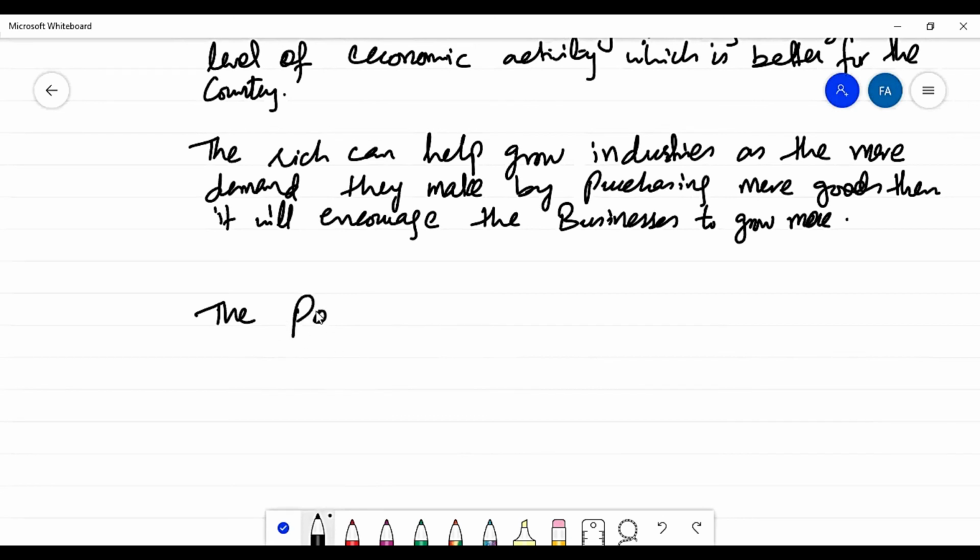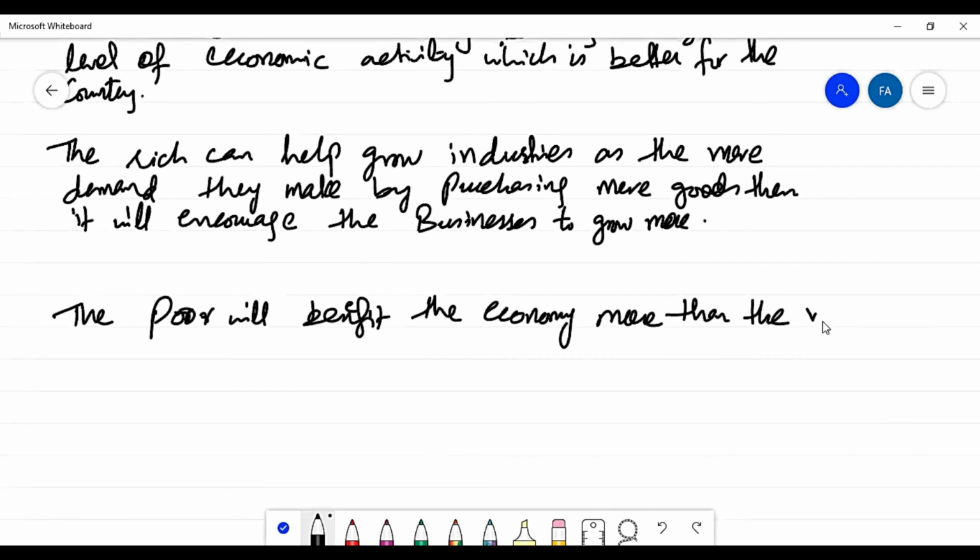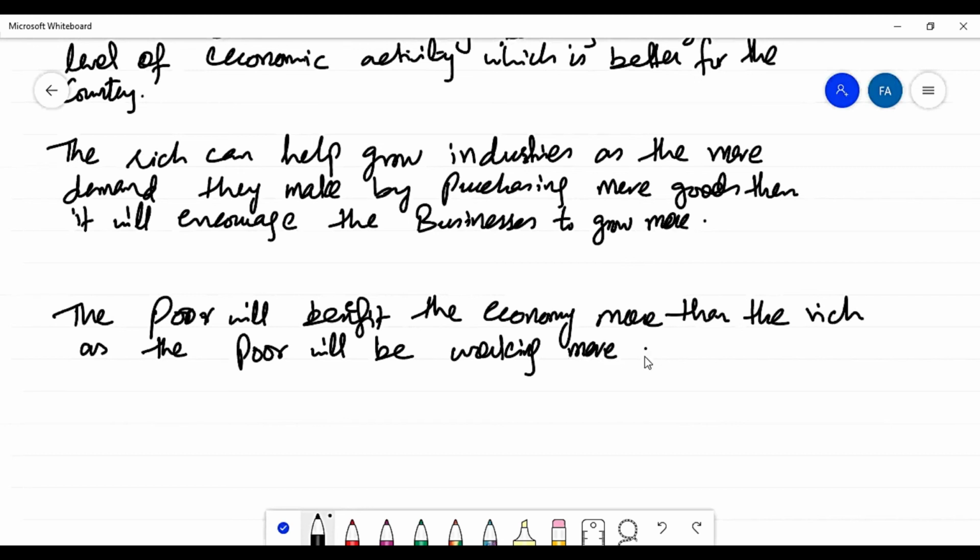We will write that the poor will benefit the economy more than the rich, as the poor will be working more in order to survive.